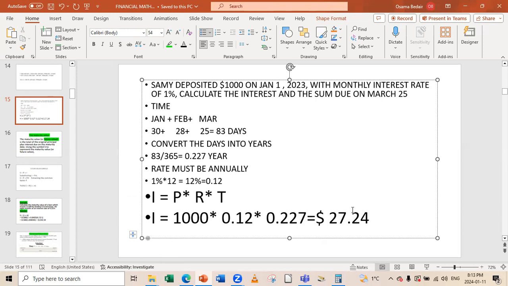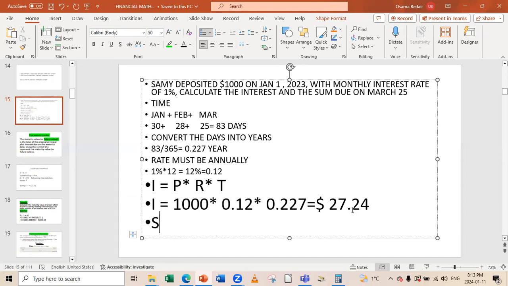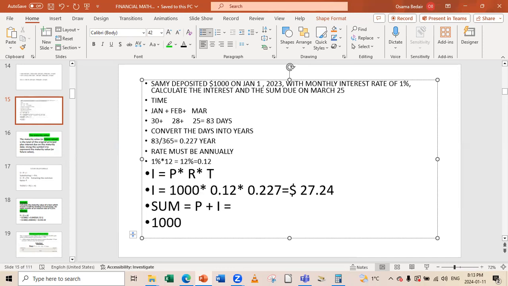But if I want to get the sum of the amounts, the amount will equal the principal plus the interest. So the principal is 1,000 plus the interest, 27.24.